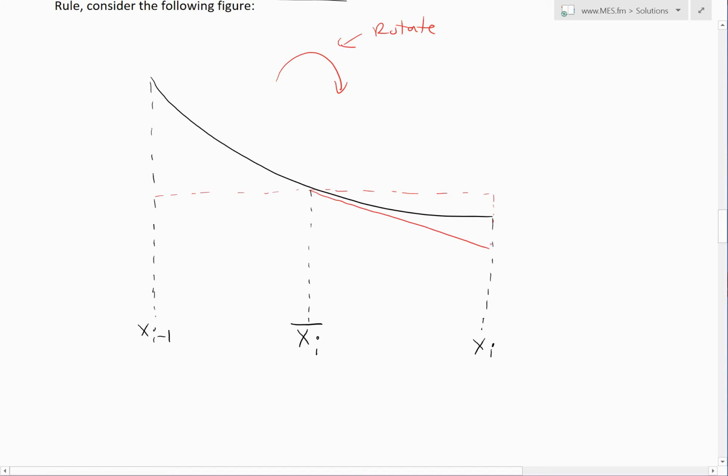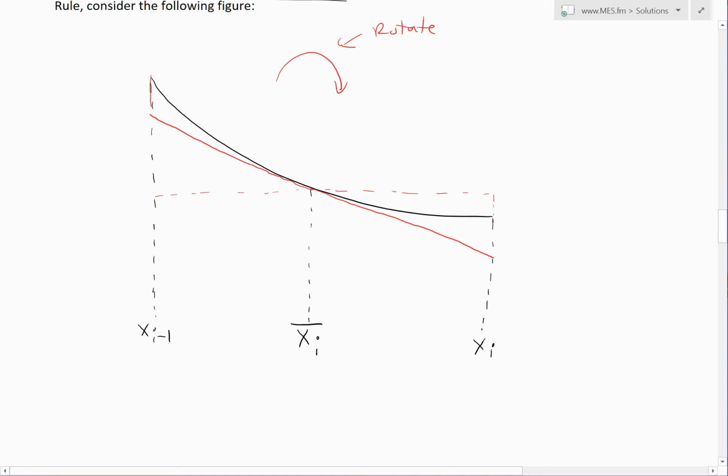We draw a straight line, a better line like this, and draw it all the way up. So we've basically rotated this all the way to get here.